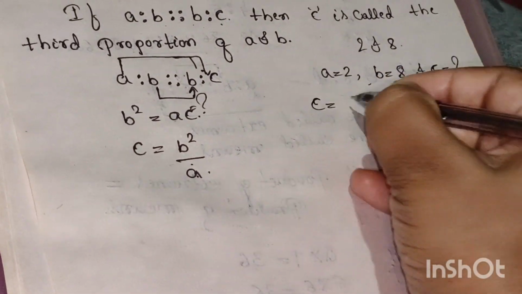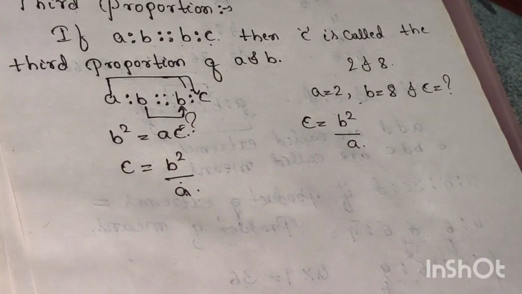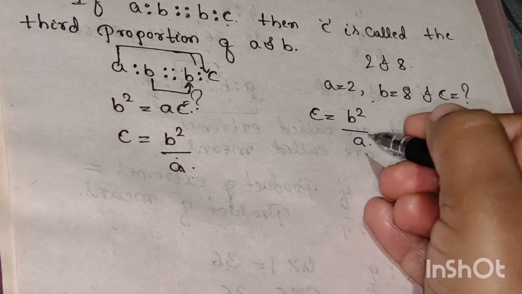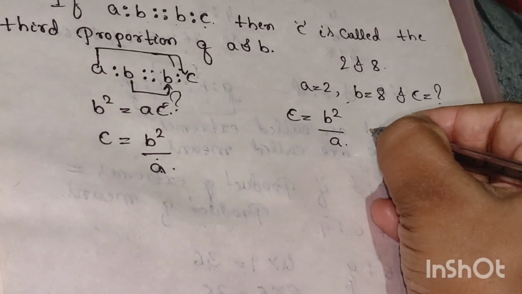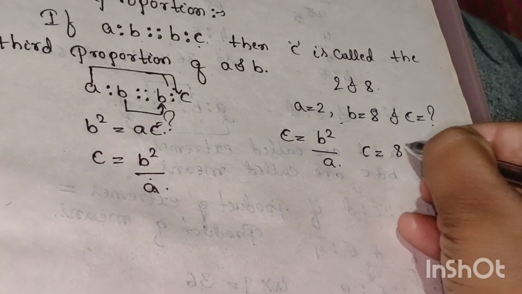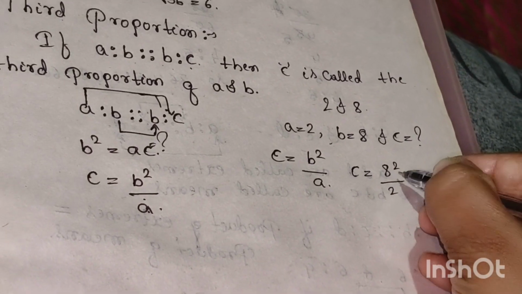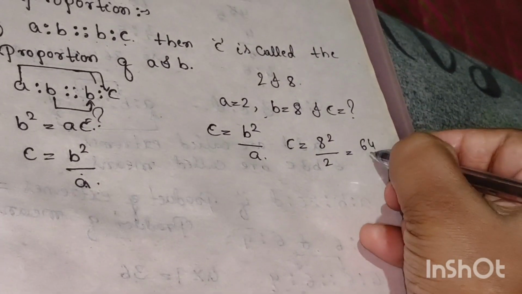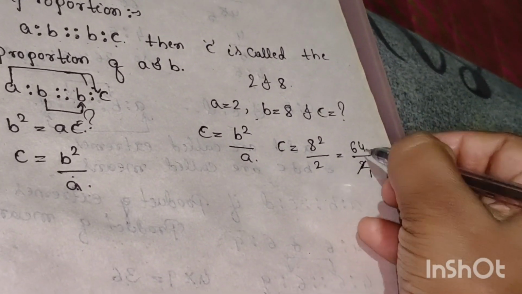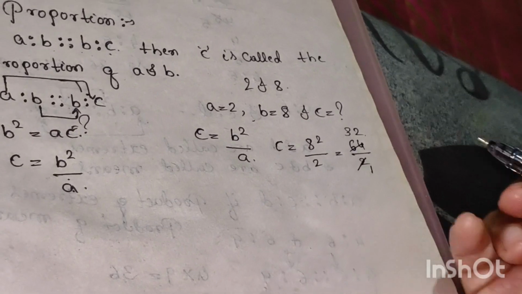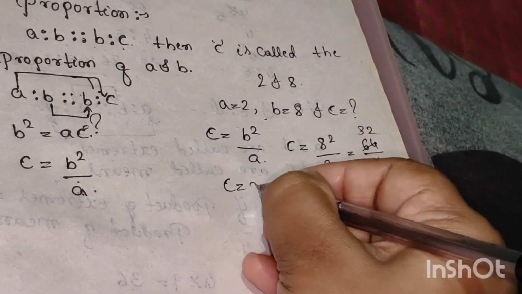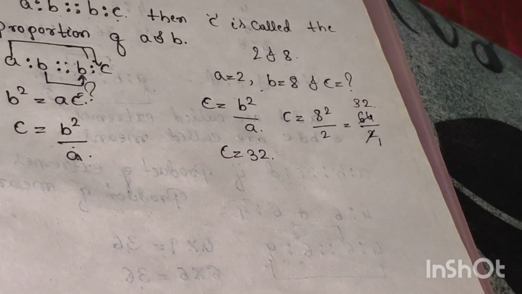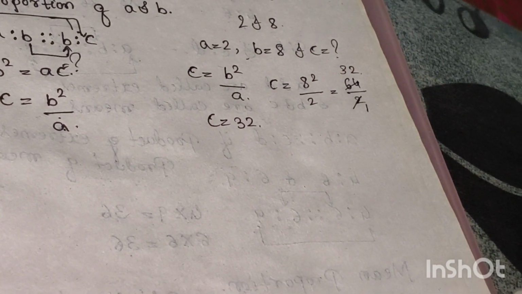C is equal to B square by A. So that means C is equal to 8 square by 2. 8 square means 64, 8 into 8, 64 by 2. 2 ones are 2, 2 threes are 6, 2 twos are 4. So the value of C is 32. So the third proportion of 2 and 8 is 32.